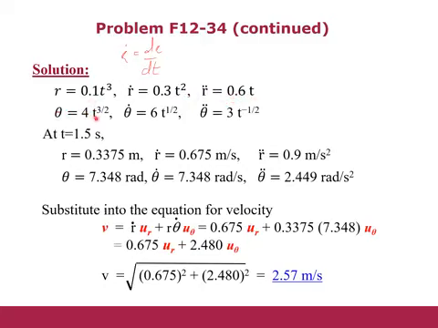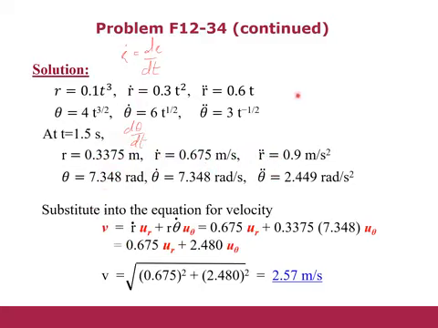Similarly, theta is provided to you, which is 4t^3/2, and theta dot is actually d theta by dt, so you will get 6t^(1/2), and then theta double dot. The time given to us is 1.5 seconds.